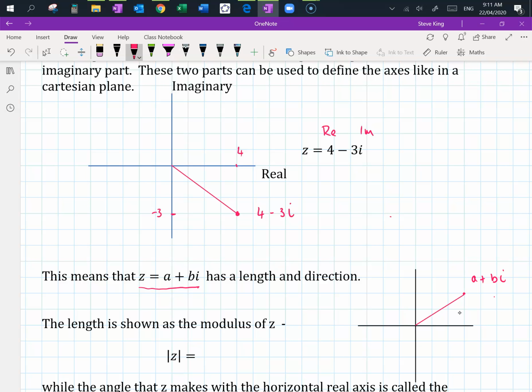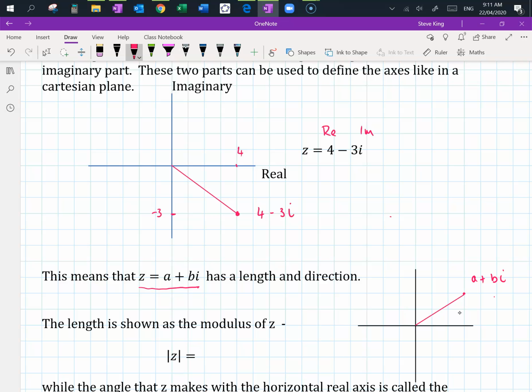It's got a length, the length being the length of that line, how far away that point is from the origin. And it's got a direction, the direction being the angle that this line makes with the horizontal axis.